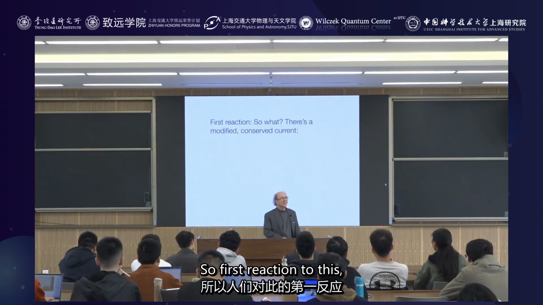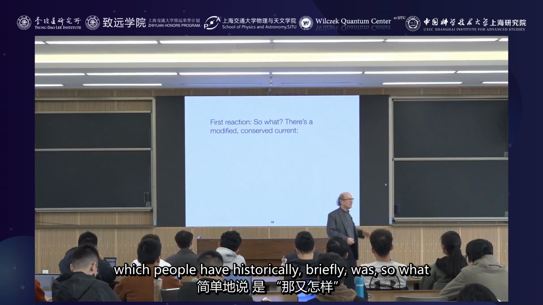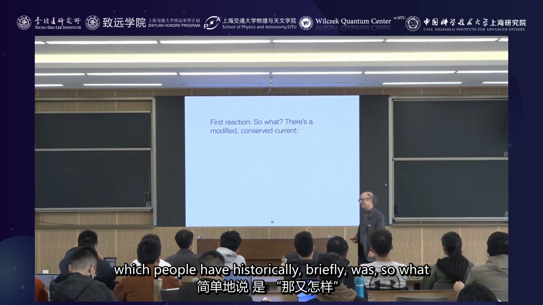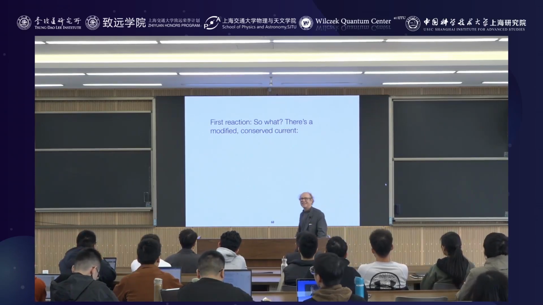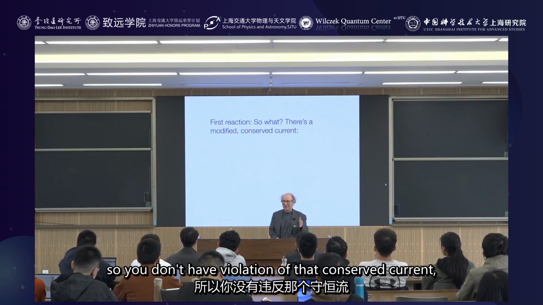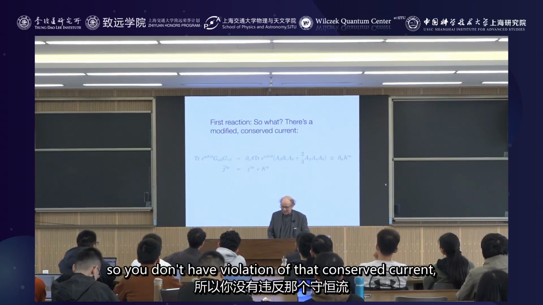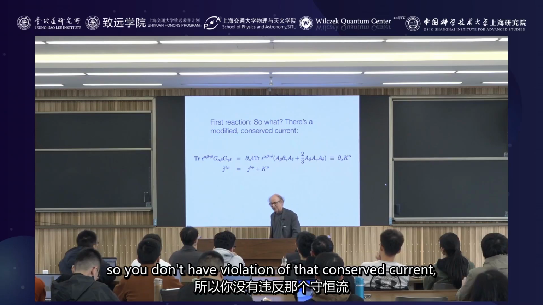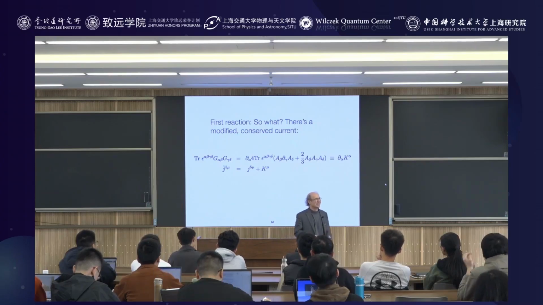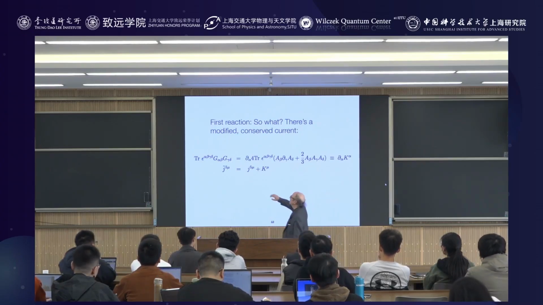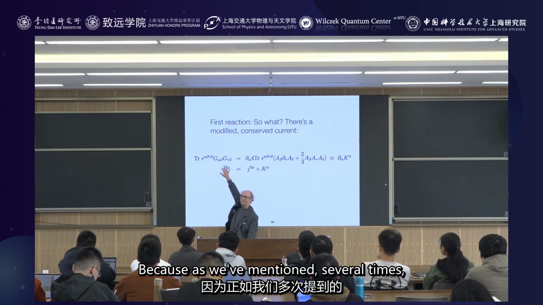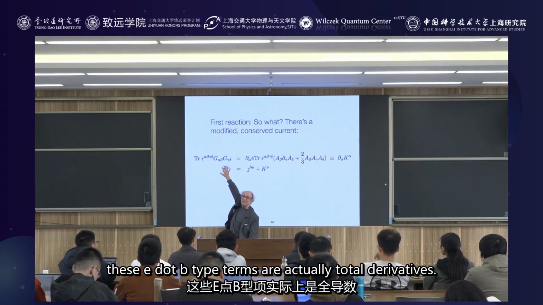So a first reaction to this, which people had historically, briefly, was, so what? So you don't have violation of that conserved current, but there's another conserved current, because as we've mentioned several times, these E dot B type terms are actually total derivatives.